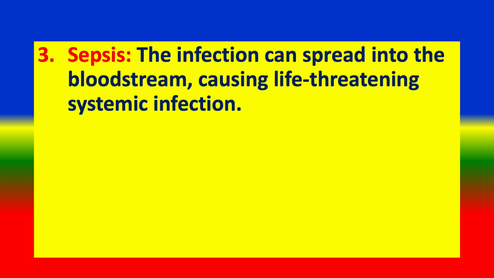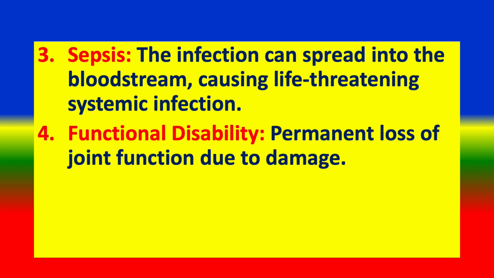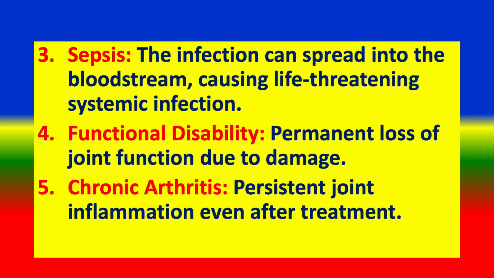The infection can spread into the bloodstream, causing life-threatening systemic infection. 4. Functional disability. Permanent loss of joint function due to damage. 5. Chronic arthritis. Persistent joint inflammation even after treatment.